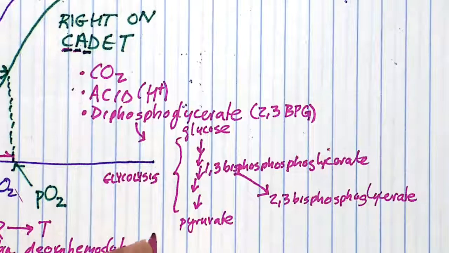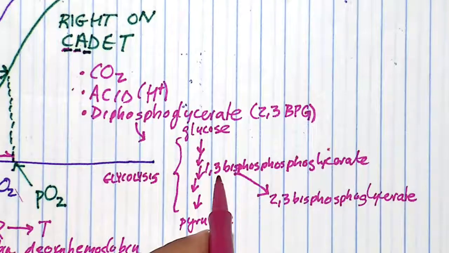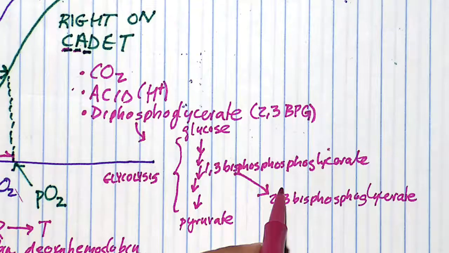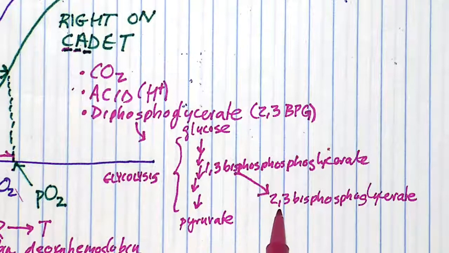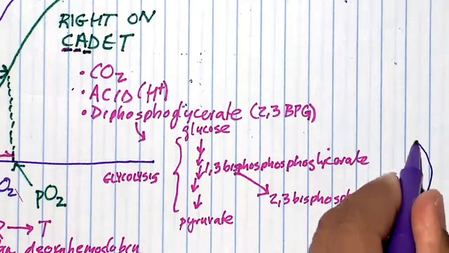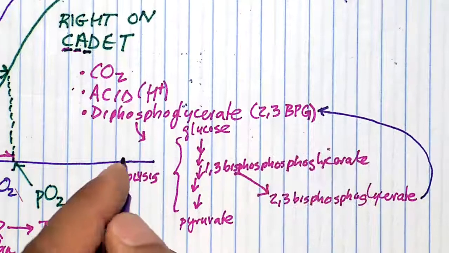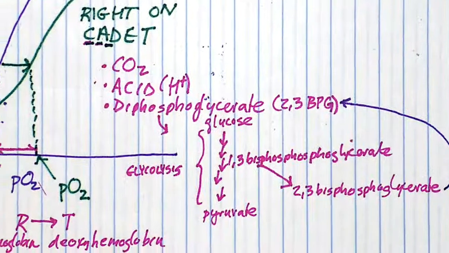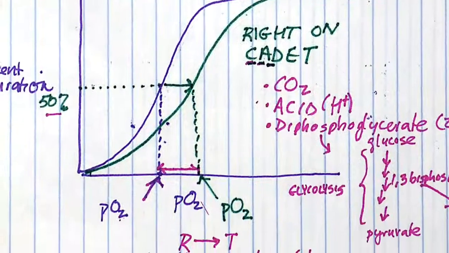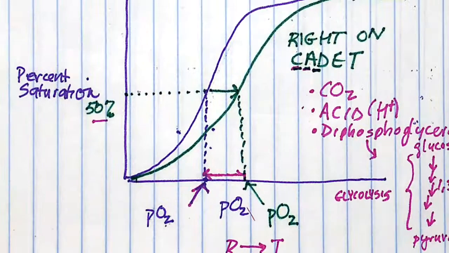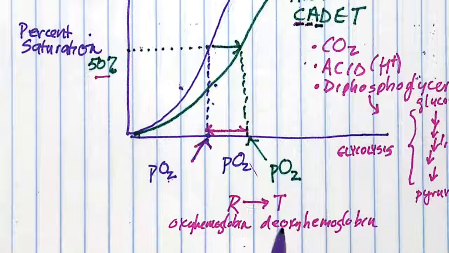So just let me whet your appetite. One of those intermediates is 1,3-bisphosphoglycerate. It gets shunted out in the pathway, gets converted to 2,3-bisphosphoglycerate, and that 2,3-bisphosphoglycerate acts as an allosteric effector, shifting the oxygen binding kinetics of oxygen to hemoglobin such that oxygen will be dumped, that deoxyhemoglobin form is favored.